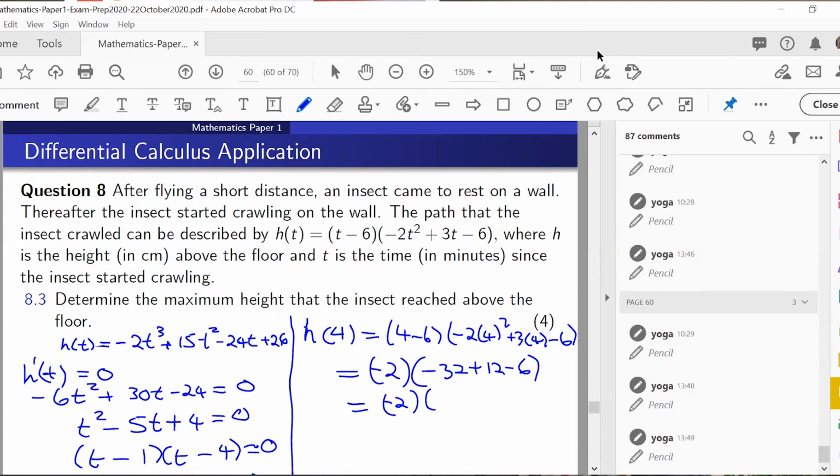Minus 2 into minus 32 plus 12 is minus 20, minus 6 is minus 26, and that is, no, not 32 but 52.